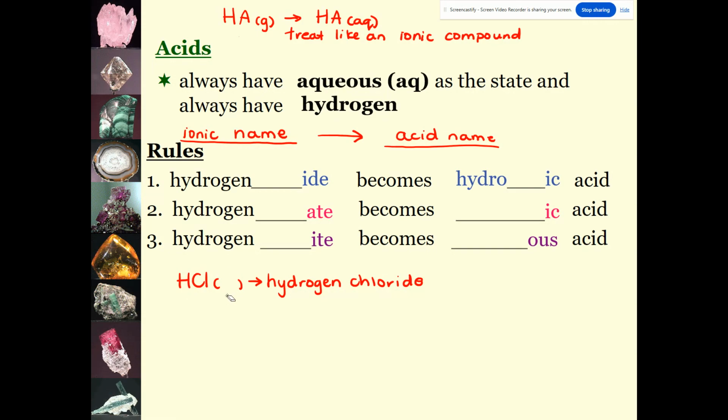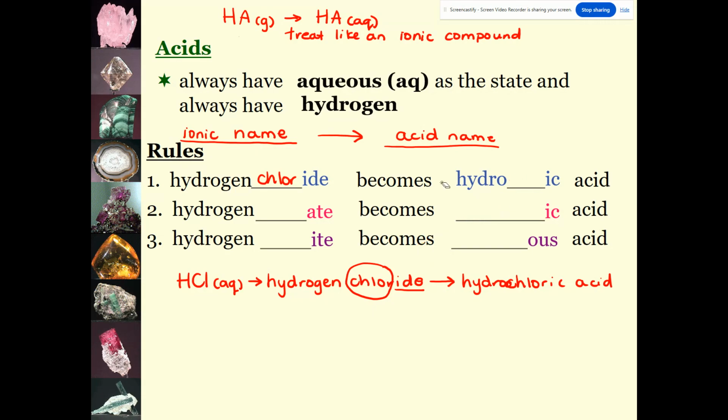But if it has the state of aqueous, which means it has been dissolved in water, it also changes to an acid name. Because this ends in "ide", I take this part of the word and put it there. So my hydrogen chloride becomes hydrochloric acid. And that would actually be your final answer, hydrochloric acid.